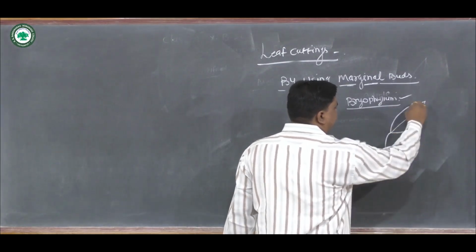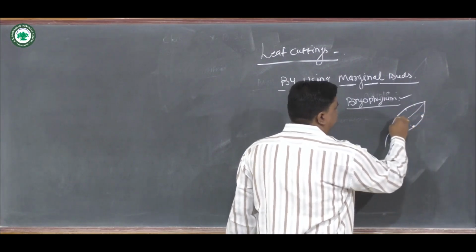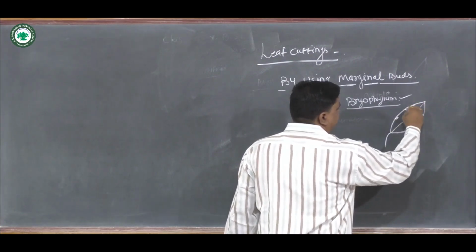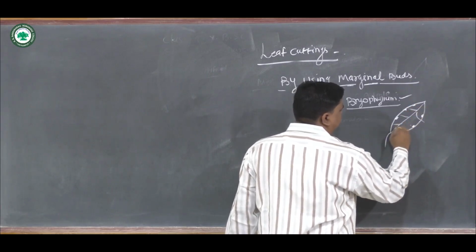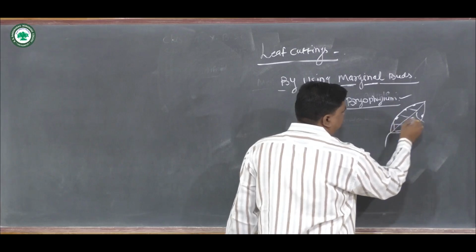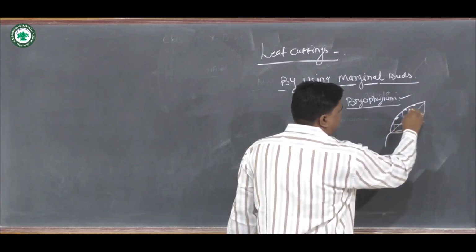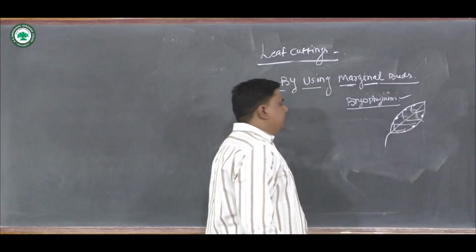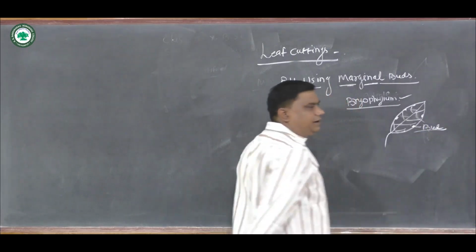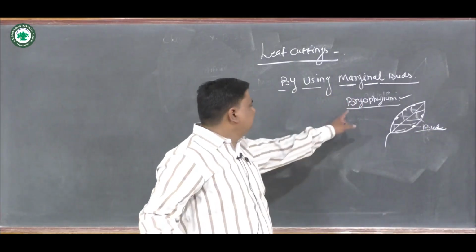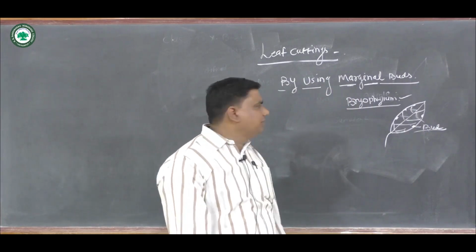Suppose this one is the leaf and these are the leaf buds. Okay, this is the bud at the margin. In bryophyllum, the leaf buds are situated at the margin.